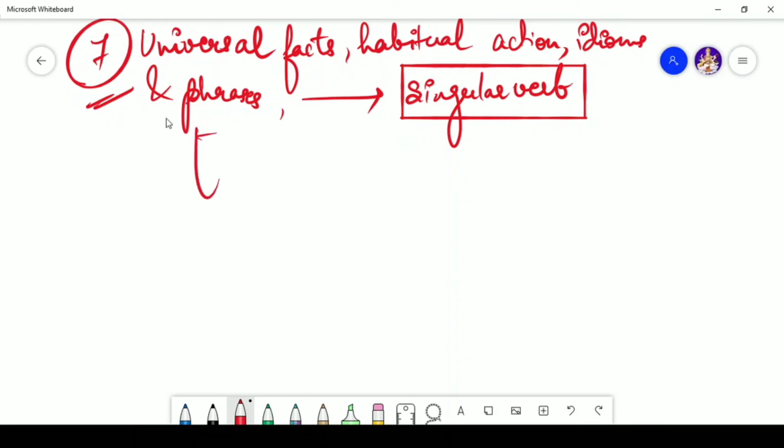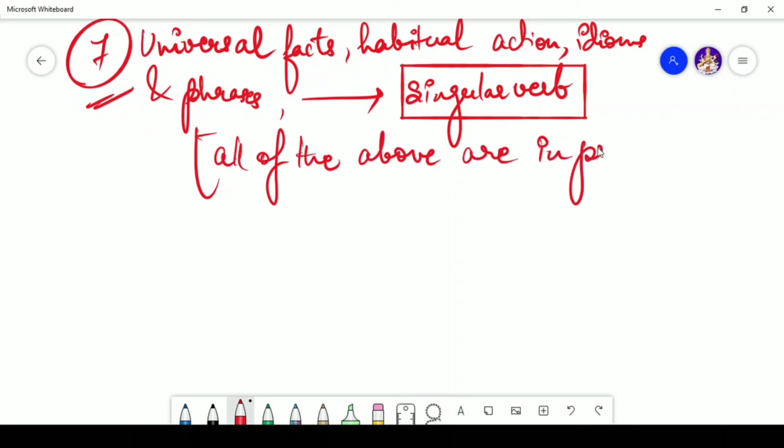Why? Because all of these are written in the present tense.